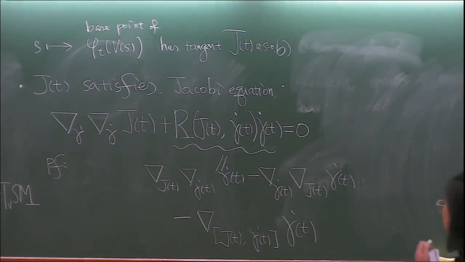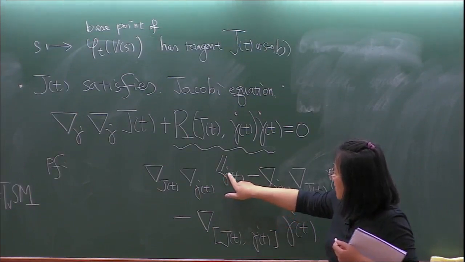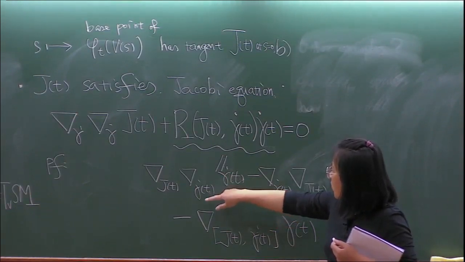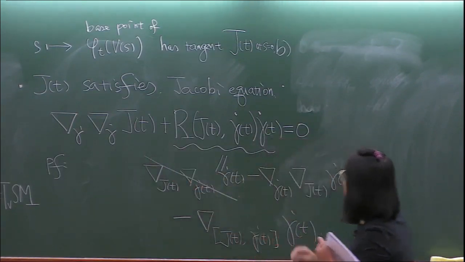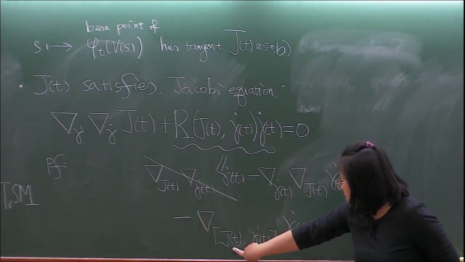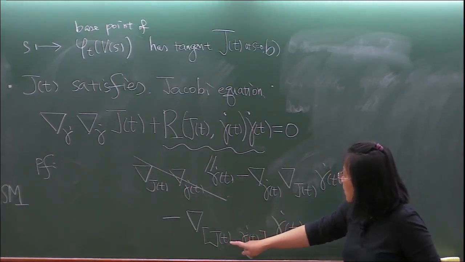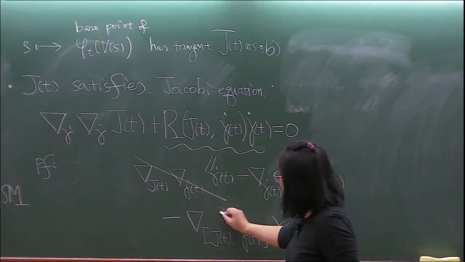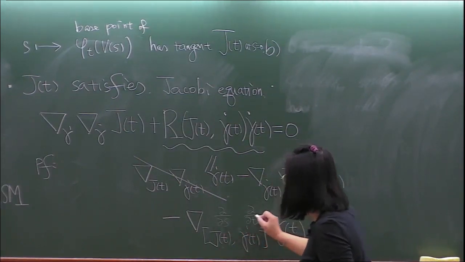Have a look at this one. The first part is 0 because it's a geodesic flow. This is parallel transported along the geodesics, right? So this is 0. And then this is also 0 because this is the bracket of partial s and partial t, right?